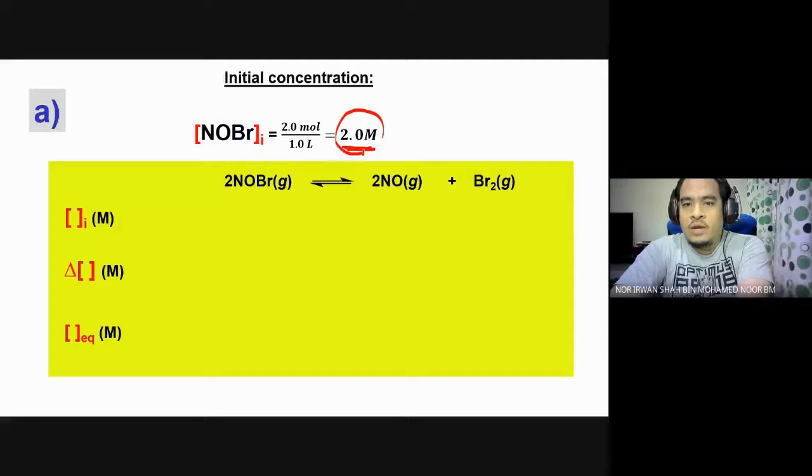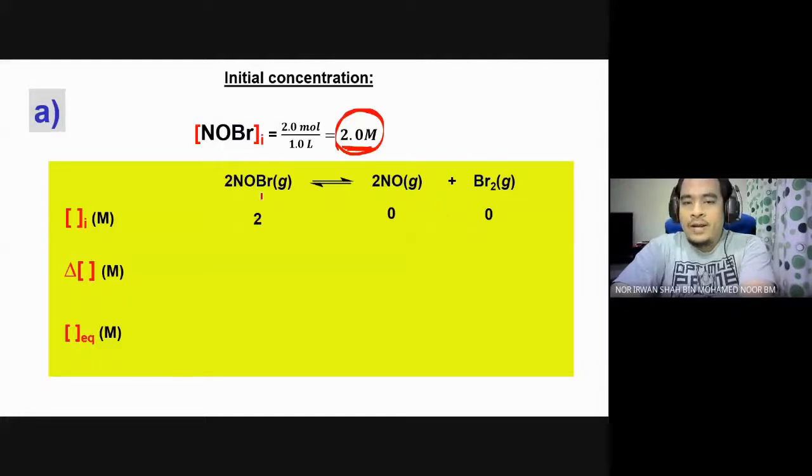So this 2 molar is the initial concentration of nitrosyl bromide, and we are going to put this 2 molar inside here. Okay, and initially both of these two gases, nitrogen monoxide and bromine gas, are 0. Why? Because this nitrosyl bromide has not decomposed yet to produce these two gases. So that's why both of these initially are 0.